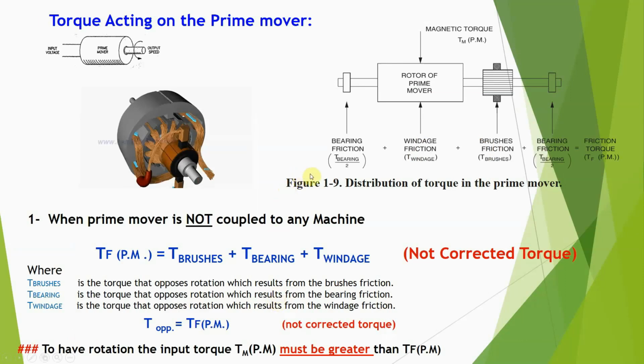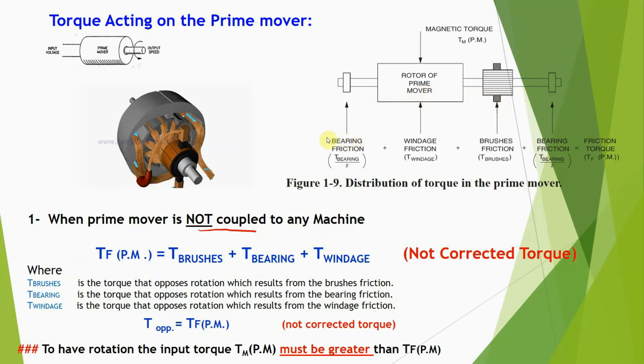Next. So let us analyze when the prime mover is not coupled to any machine, right? Let us put our analysis in equation form. Let us again look at this diagram. This is the rotor of the prime mover.